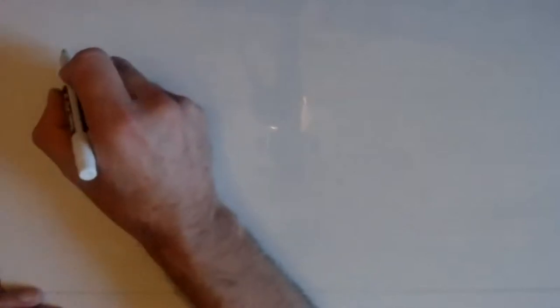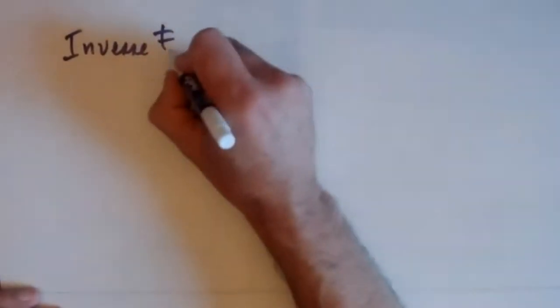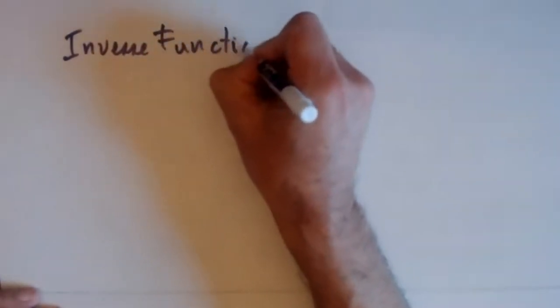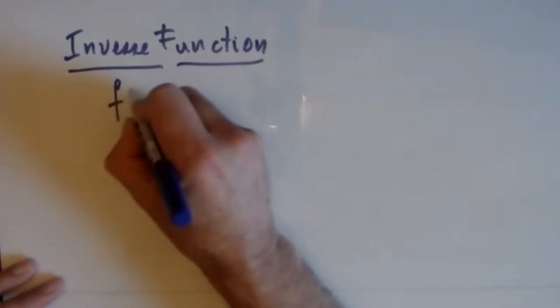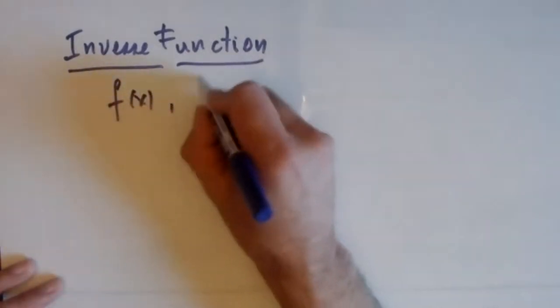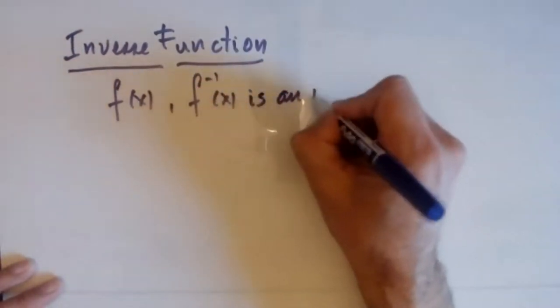Okay, let's go back to algebra 2. Inverse function. Possibly you remember what the inverse function is. If you have a function f of x, f to the negative 1 is its inverse.